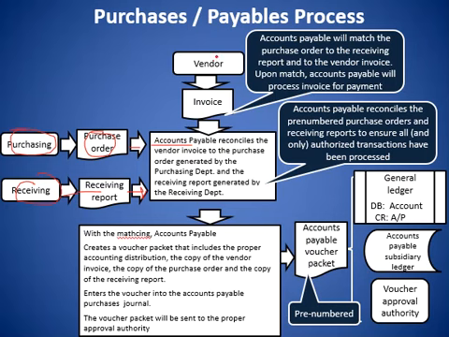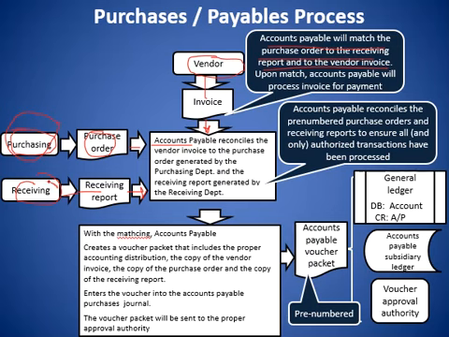Also, the accounts payable department is going to receive a copy of the invoice from the vendor looking for payment. Now, what will happen is accounts payable will match the purchase order to the receiving report and to the vendor invoice. So before we make a disbursement, we match the fact that we actually purchased the items through the purchase order.